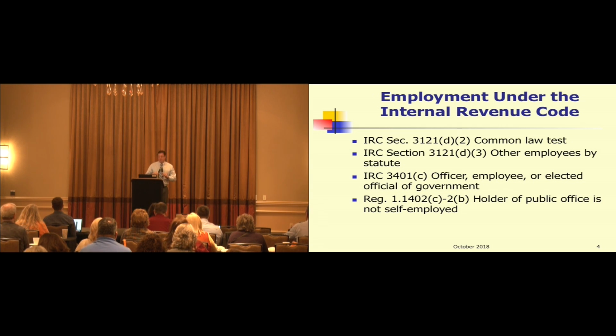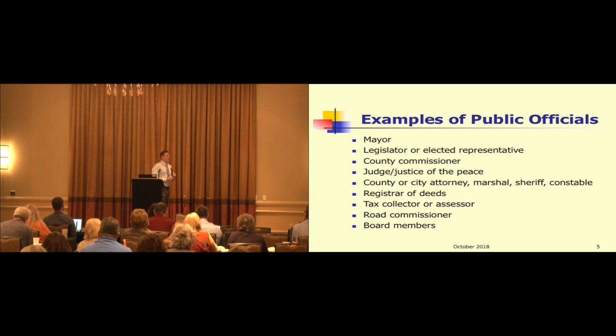Internal Revenue Code 3401(c) actually talks about officers, employees, or elected officials or holders of public office. So here's some examples. Mayor. I want to let you all know I have literally gone out and audited a city where the mayor was paid through the accounts payable file. And I said to myself, self? How is that even possible?